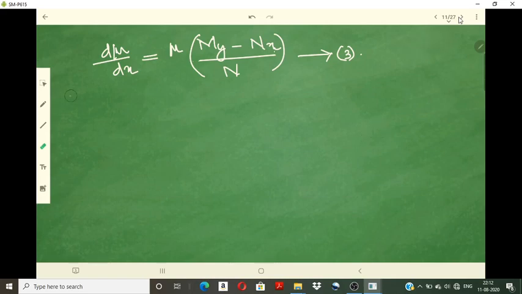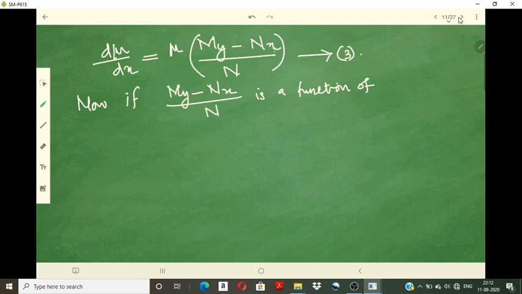Now this bracketed function, we know M_y is not equal to N_x because the equation is not exact, so there may be some non-zero difference. (M_y minus N_x)/N is a function of x alone.